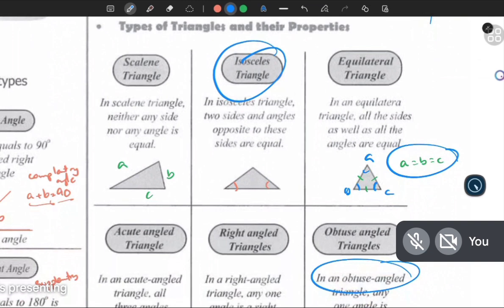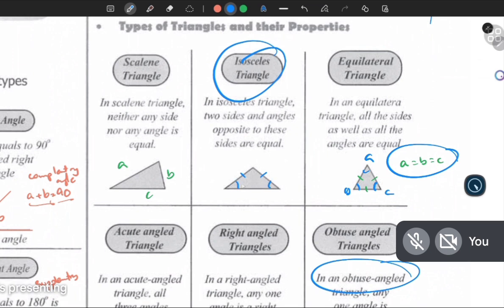And then when you look at the angles of all of these, in an isosceles, since two sides are equal, again, that will be represented by two lines crossing, right? So there will be a line crossing here and there will be a line crossing here, which will indicate that these two lines are equal. And hence, these two angles will also be equal, right?